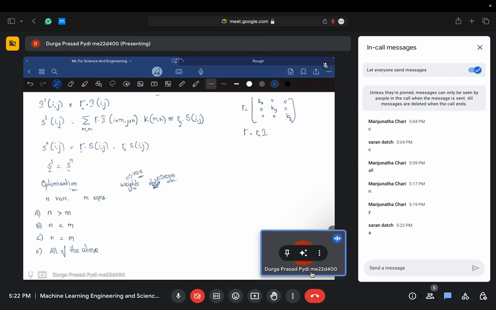In which of these scenarios? He is mentioning that we will be using n greater than m. So essentially your number of variables should be greater than your equations. If you have more variables and a smaller number of equations, you would be needing optimization.